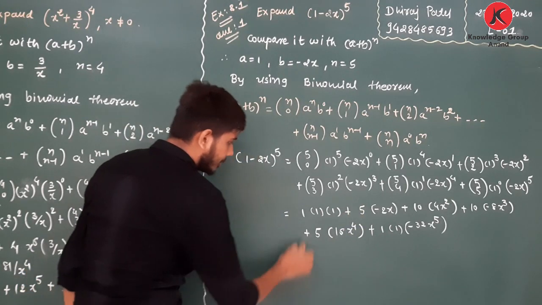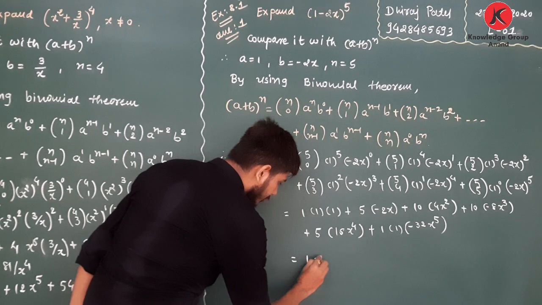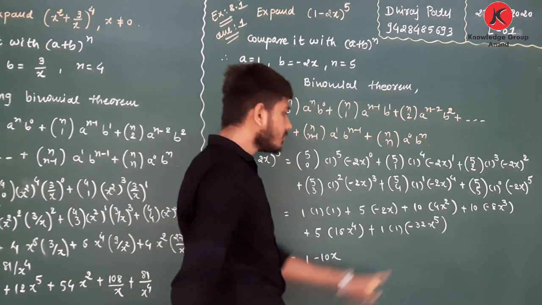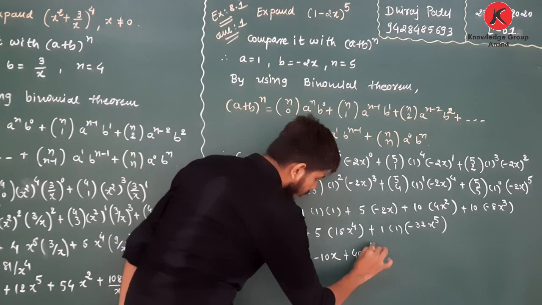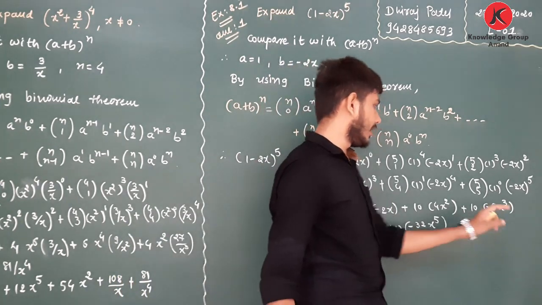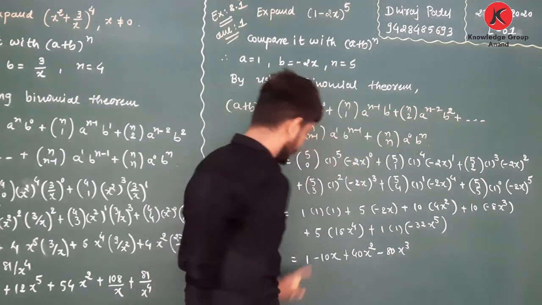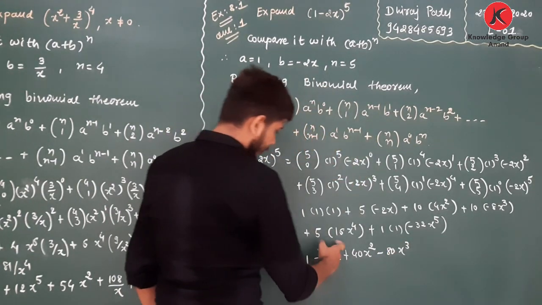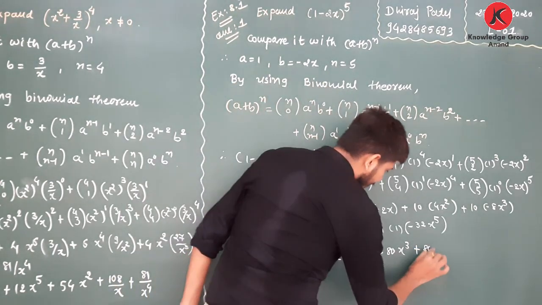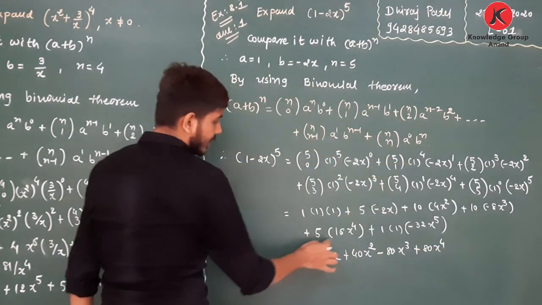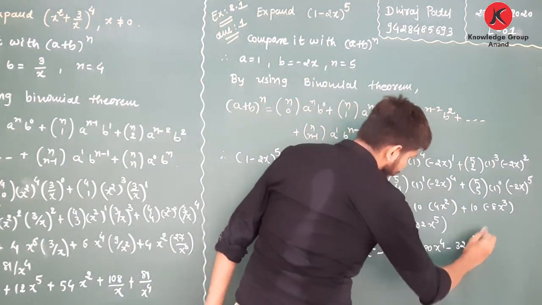We are getting 1 into 1 into 1, 5 2s are 10 but minus 10x, 10 4s are 40, plus 40x square. Next, 10 8s are minus 80x cube. Next, 16 5s are 80x raised to 4, plus symbol is there, and last one minus 32x raised to 5.